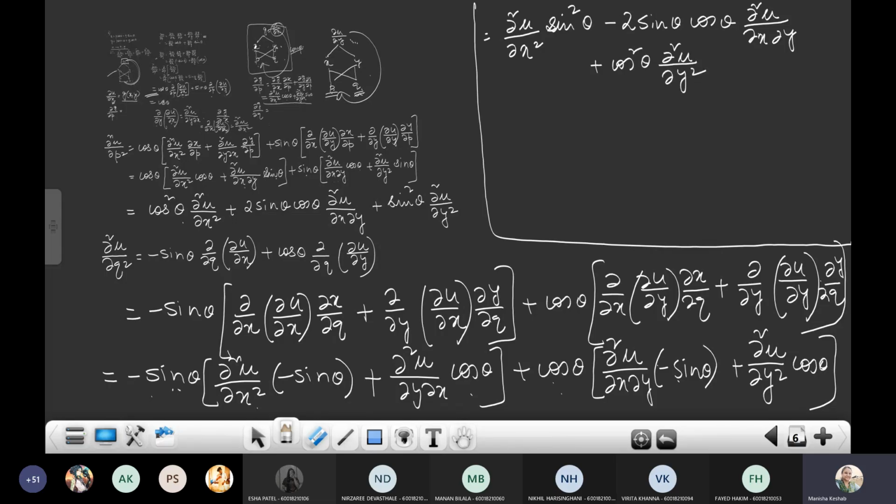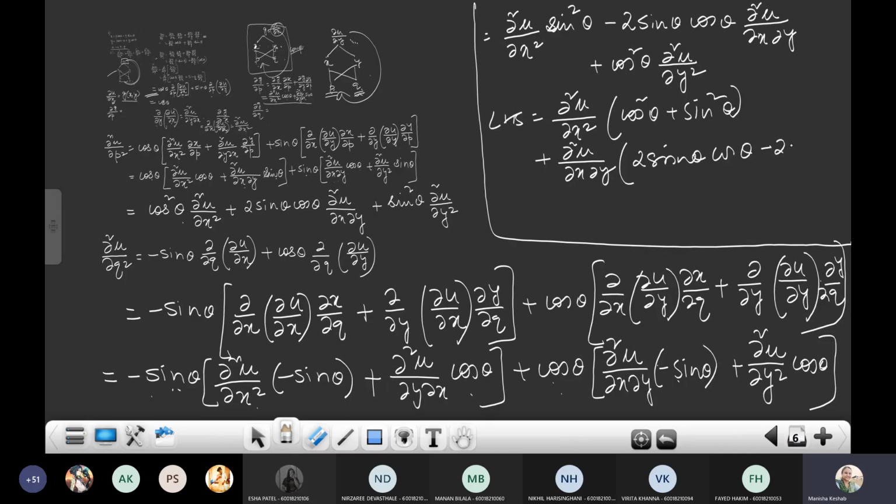Now add both, so left hand side will be equal to del square u del x square here to cos square theta plus sin square theta. Next, plus del square u del x del y here. So 2 sin theta cos theta minus 2 sin theta cos theta plus del square u del y square.